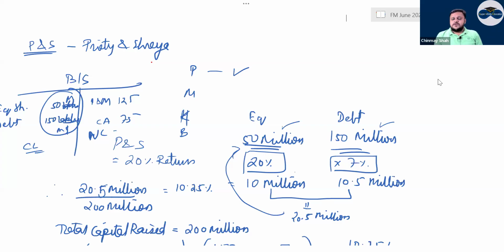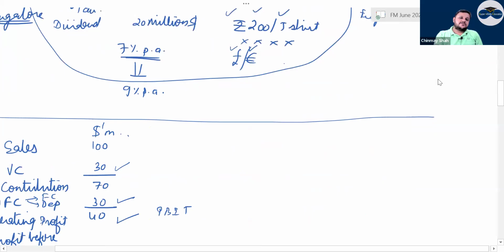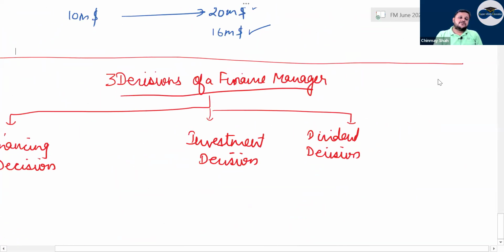Okay. So first decision for a financial manager: you said, sir, 200 million required. I ask you how much money you have, 50 million. No tension. We'll get 150 million from debt. So the first decision is your financing decision. From where will you get your money?